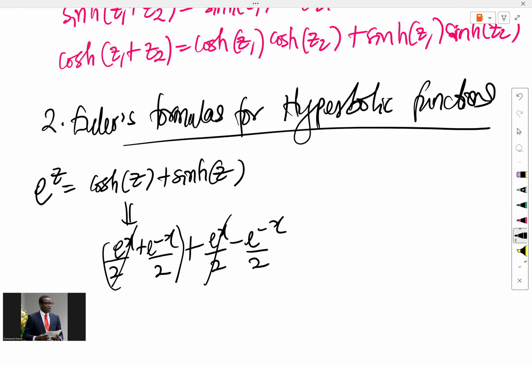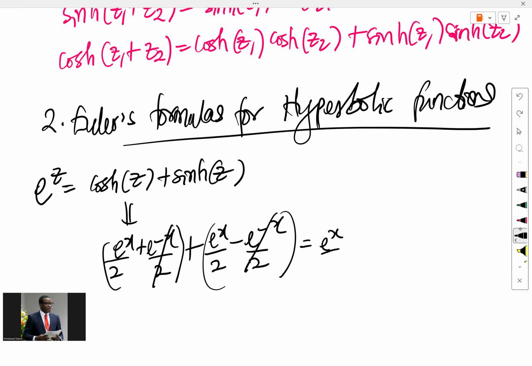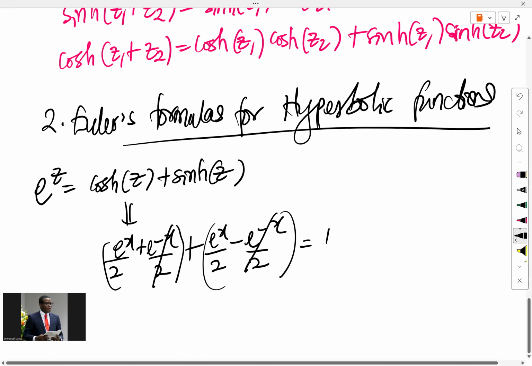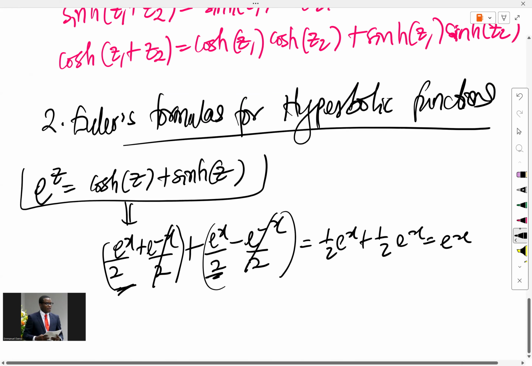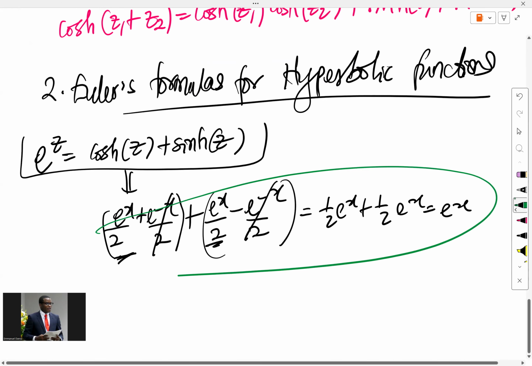Then you have e raised to power x over 2, half e raised to x plus another half e raised to x, and the answer is simply e raised to x. That's why e raised to x is actually cos z plus sine z. This is just by the way.